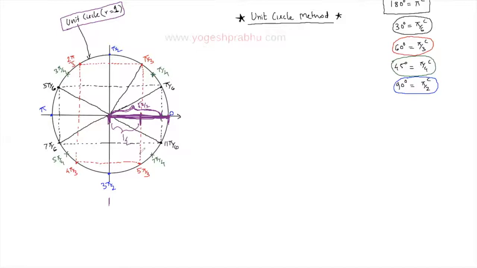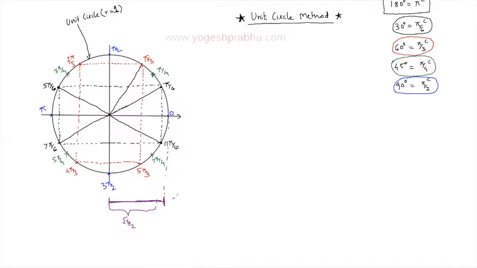So primarily on this circle, there are only 3 distances that you have to worry about. The full distance, say from here up to here, is 1. Remember that. If you are going a little short of 1, then this distance is root 3 by 2.